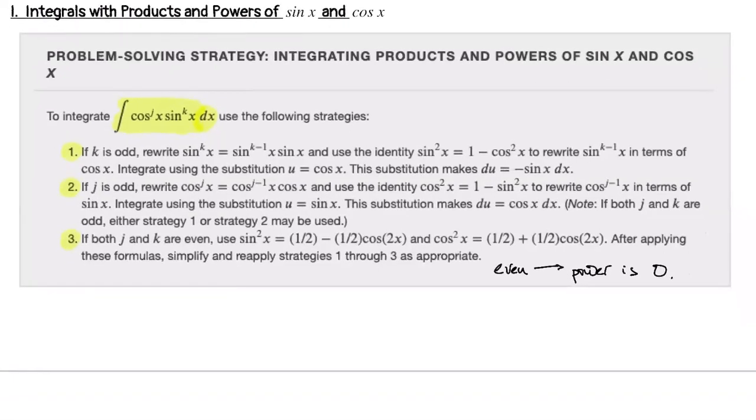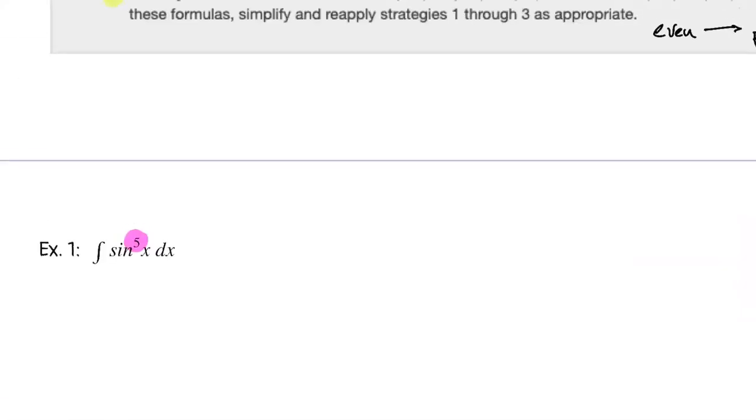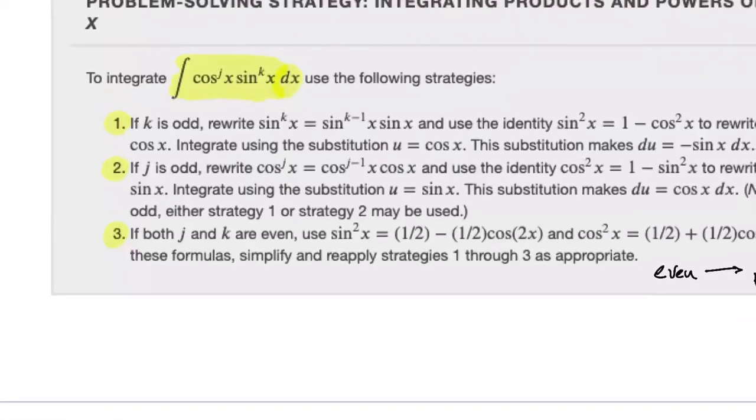So let's take a look at example number 1. Example number 1 has the integral of sine to the 5th x. What that shows us is that the power of sine, which is k, is 5, which means that k is odd. That means now we can use strategy number 1. So what are we going to do?